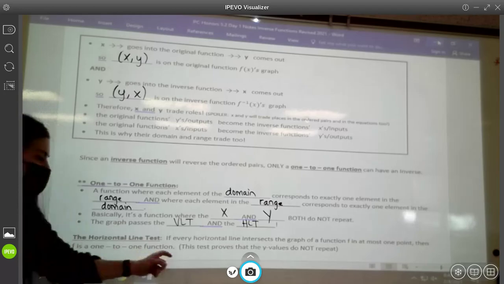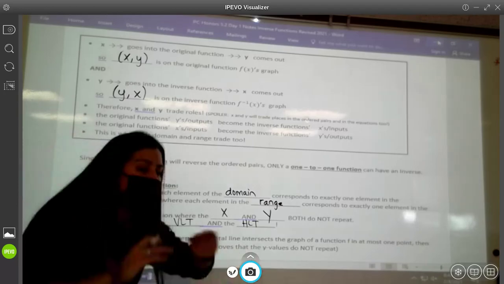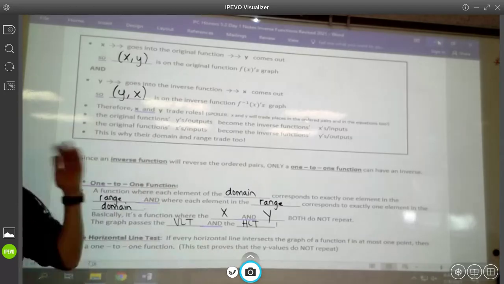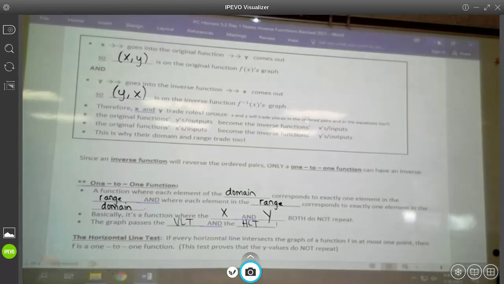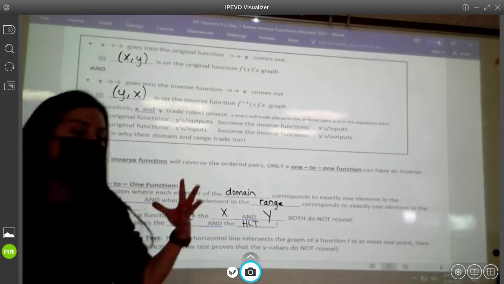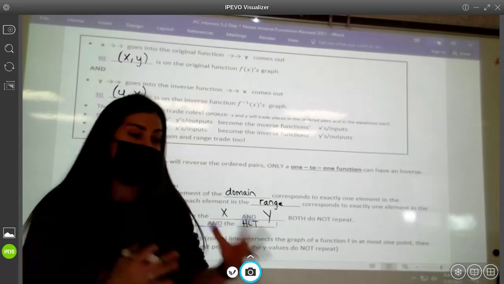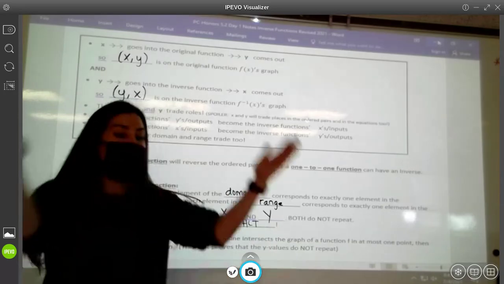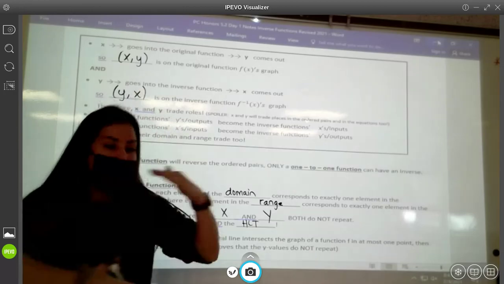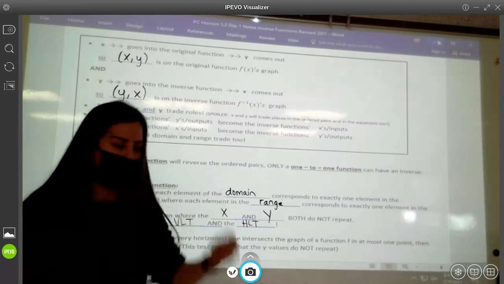The HLT is proving that the y values do not repeat. The VLT proves the x's don't repeat. The HLT proves that the y's do not repeat. Because again, only a one-to-one function, a function where the x and y's both don't repeat, can have an inverse. This way, when I switch those x's and y's, nothing is not acting like a function.